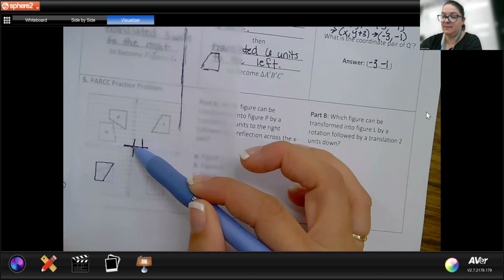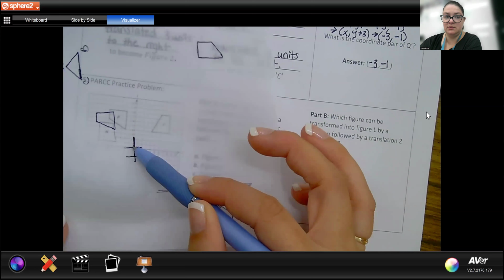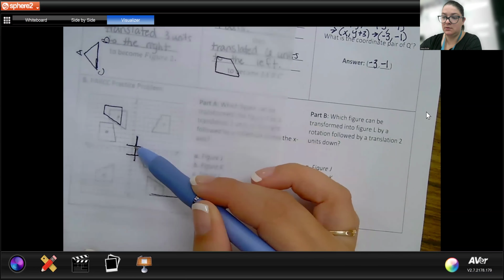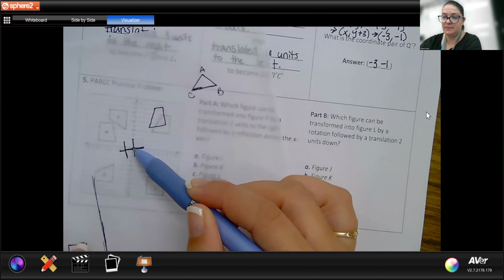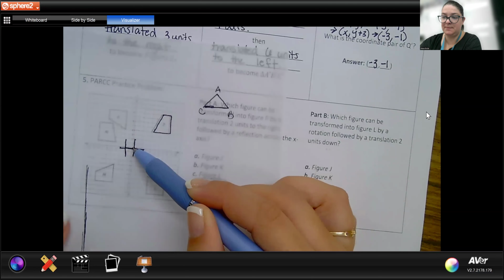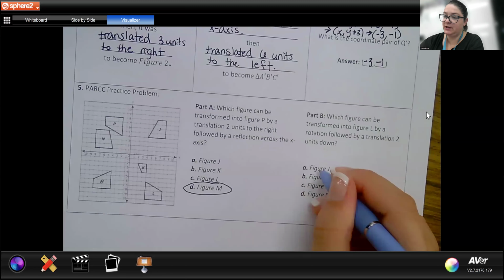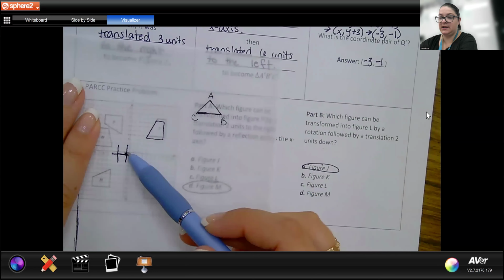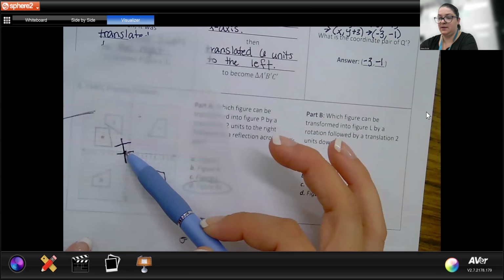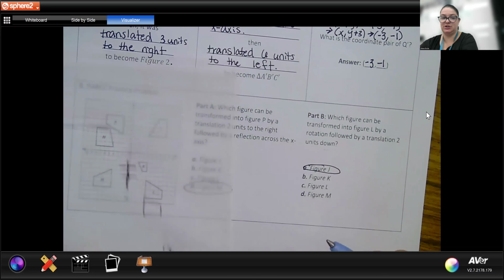So it's not M. It's not N. It almost looks like P, but it matches up here with J. So figure J is a rotation. I can rotate J and then translate it 2 units down to match up with L.